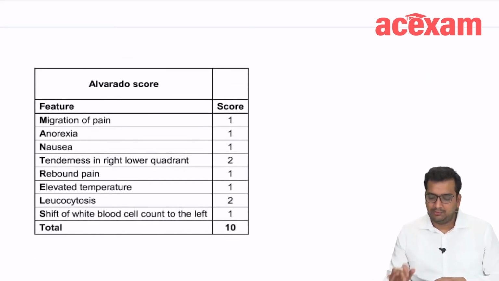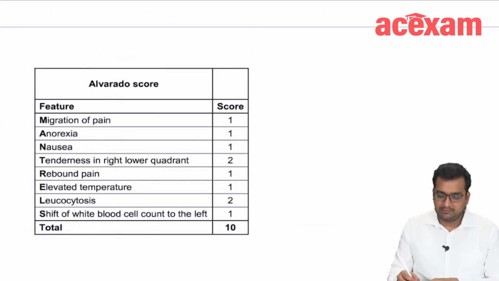Now, what is this Alvarado score? It is to diagnose acute appendicitis.